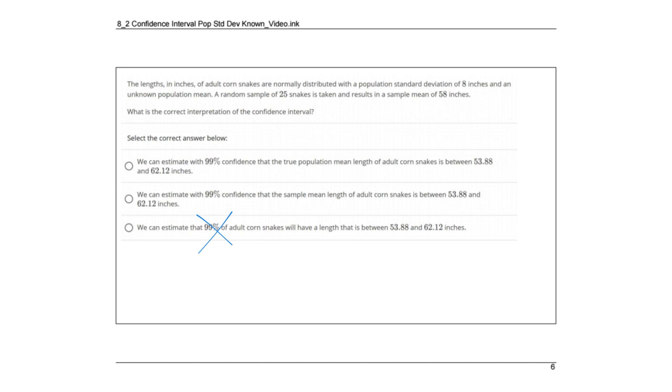The point is that we are 99% confident that the true population mean is between these two numbers, not the sample mean. We already know the sample mean is between those two numbers, but we're looking for the true population mean. And again, the larger the confidence, the wider the interval is going to be, because we've got to give ourselves real room if we want to be 99% confident.